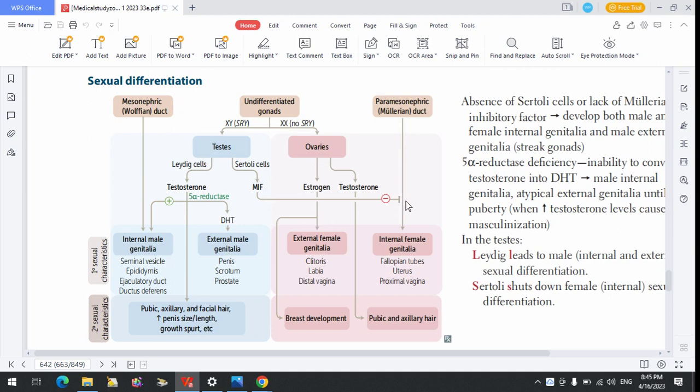So this one is already gone, and only this one is remaining. Leydig will release testosterone that will go and activate this one so that it commits to formation of the seminal vesicle, epididymis, ejaculatory duct, and the ductus deferens. Now, testosterone is going to be converted by 5-alpha reductase to DHT that will drive the external genitalia to form the penis, the scrotum, and the prostate.